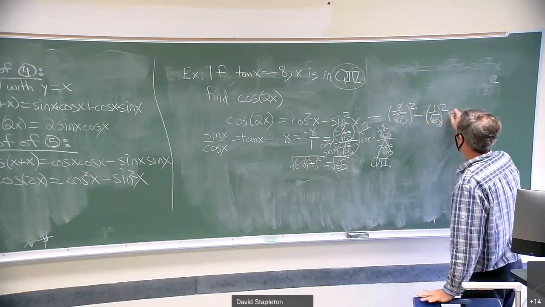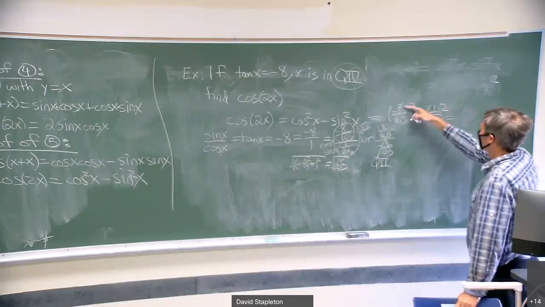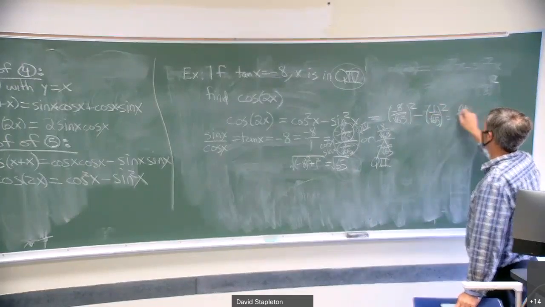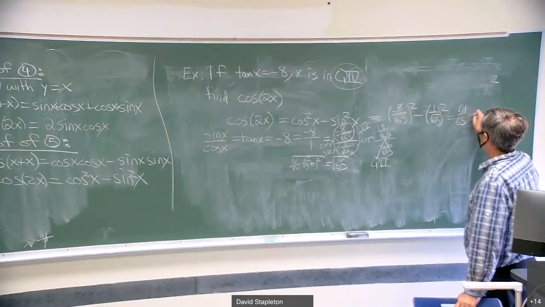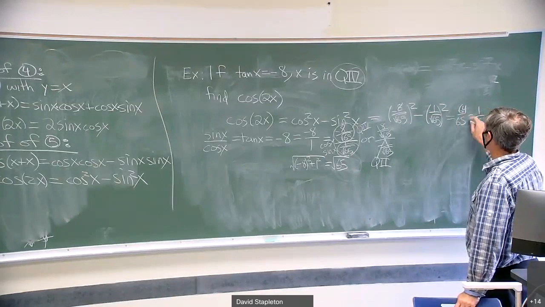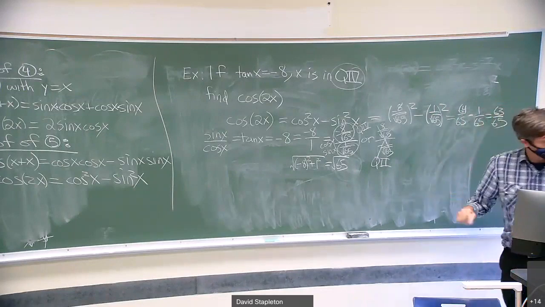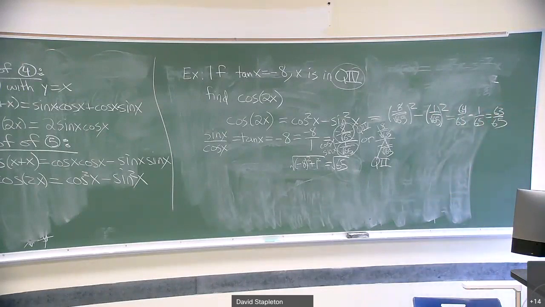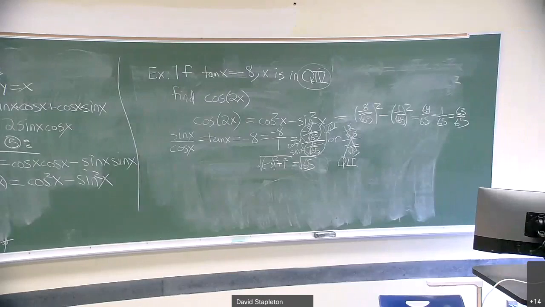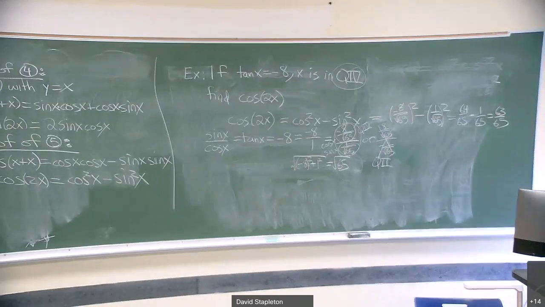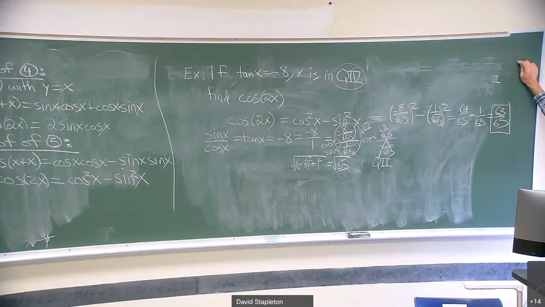Well, let's see, this is 64 over 65, this one, minus 1 over 65, this one, gives us 63 over 65. Is that visible, I hope? Yep, okay. So there is cosine of 2x given tangent x, half the angle.